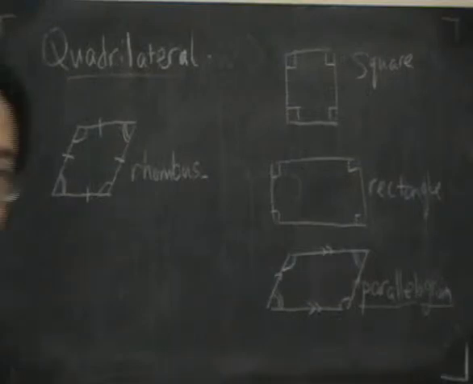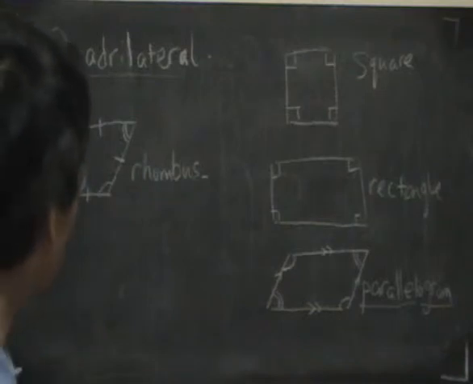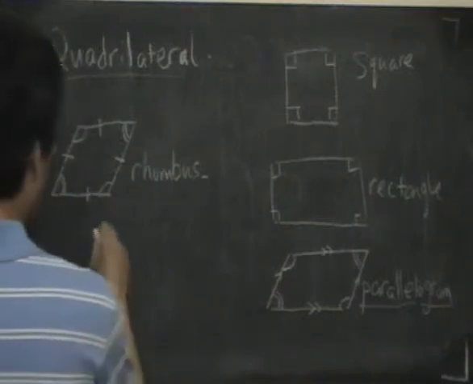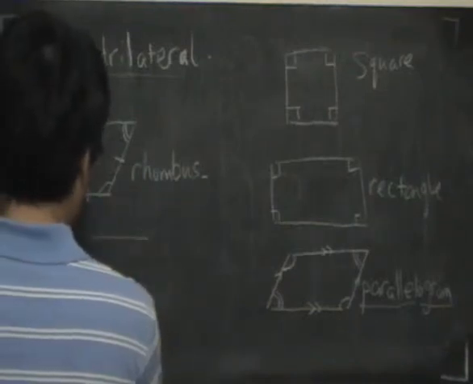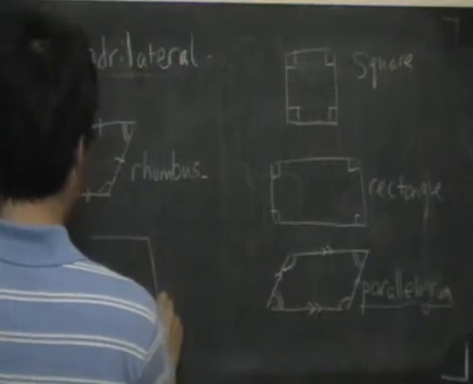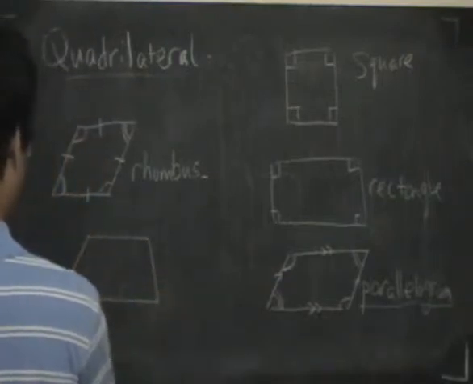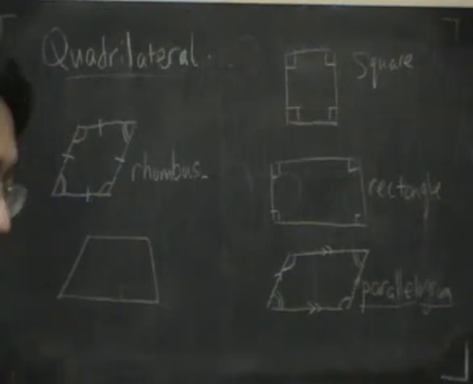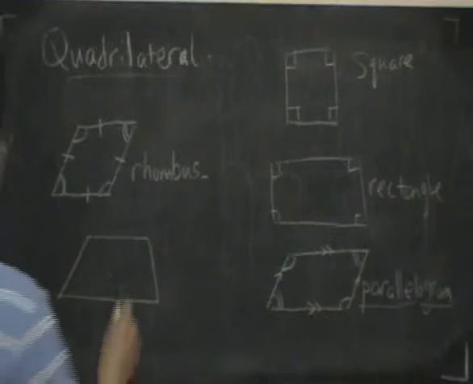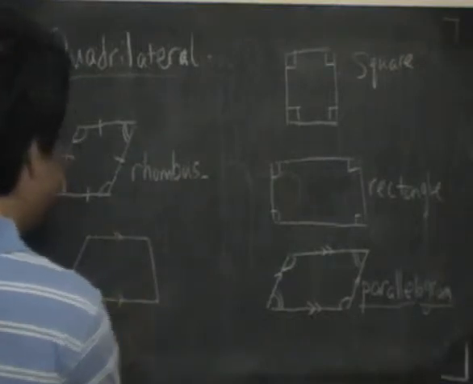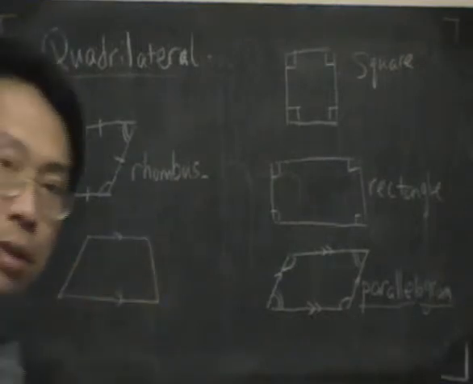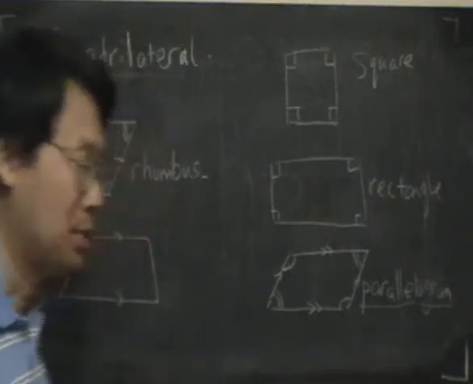Right, we have one more figure to look at. Now this is a figure which has two of its sides parallel, and the other two sides do not have to be parallel.